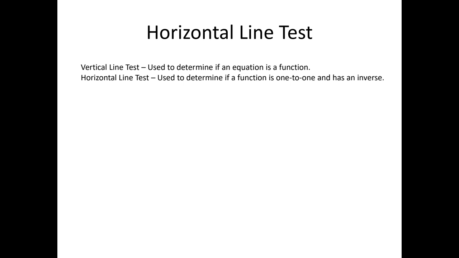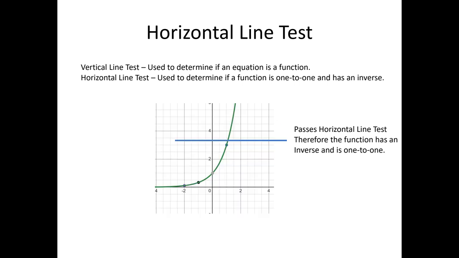Now in chapter 1, we also learned that we can use a vertical line test to determine if an equation is a function. And in this section, we can use a horizontal line test to determine if a function is one-to-one and has an inverse. If we look at this exponential function, and I draw a horizontal line, notice that it only crosses in one spot on the graph, and therefore it tells me that this function is going to have an inverse, and that it's one-to-one.